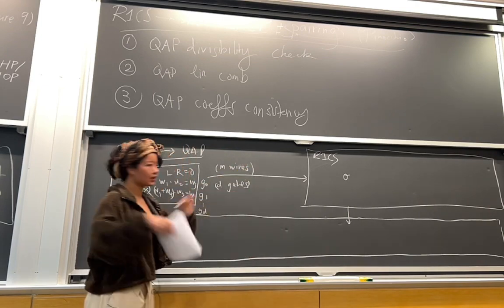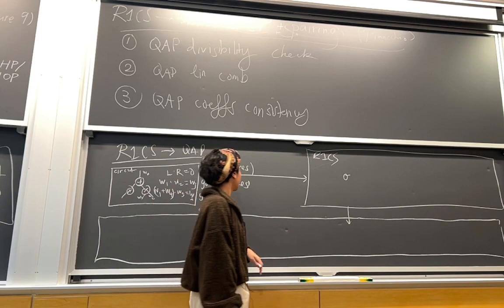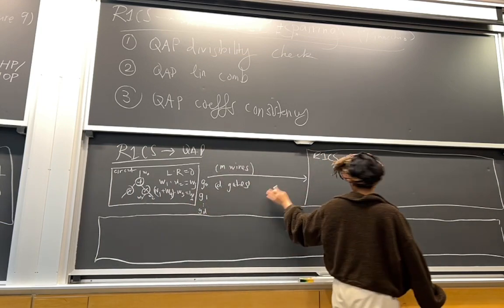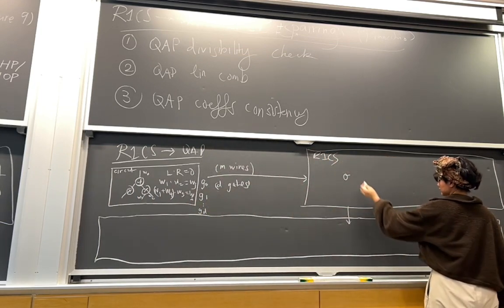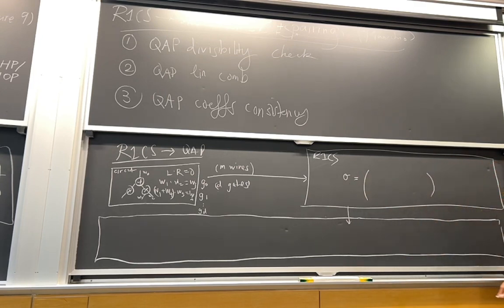To collect the coefficients for M wires and D gates, I'm going to make an output matrix that has D rows and M columns.